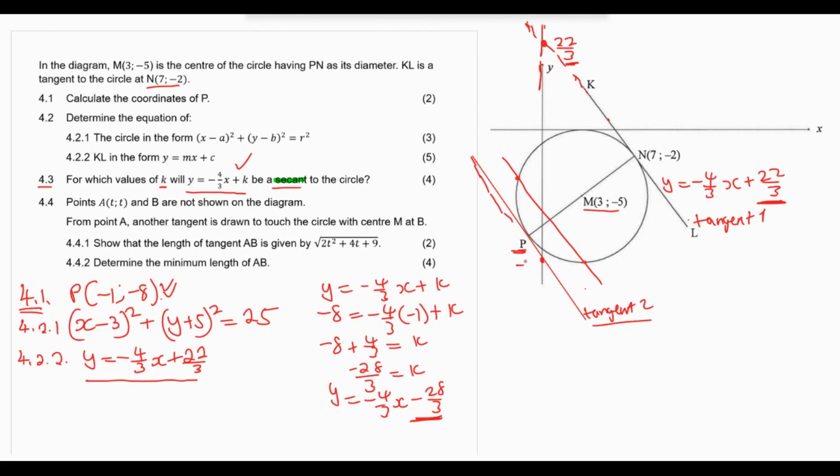Let me just write -28/3. We know the x coordinate is 0, so it's going to be (0, -28/3).